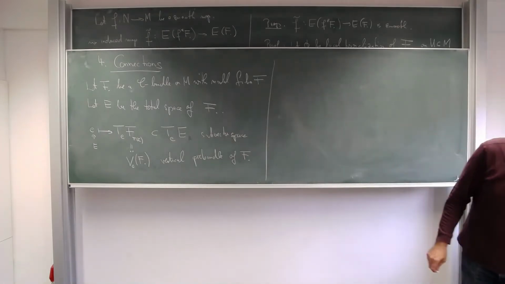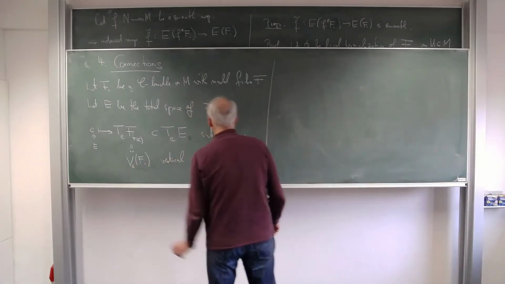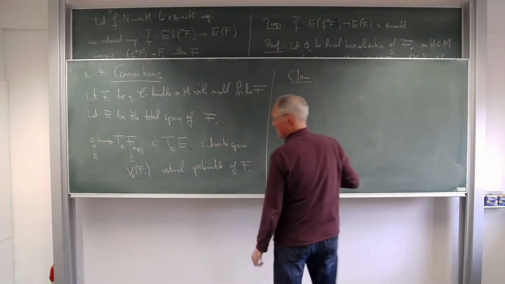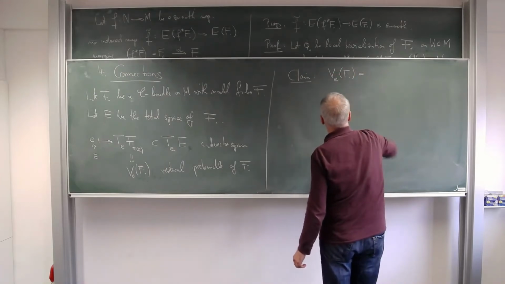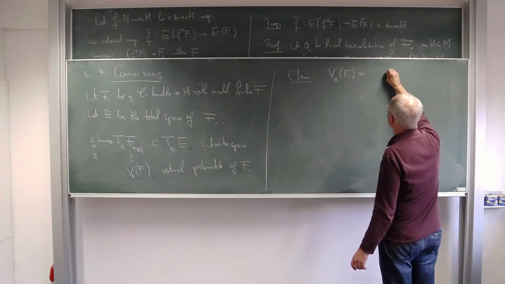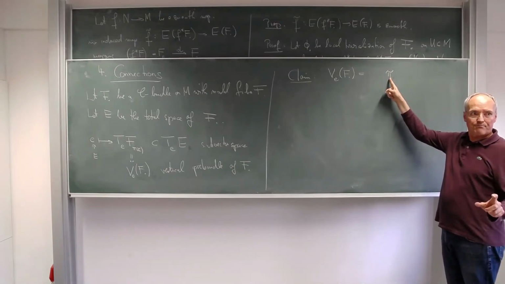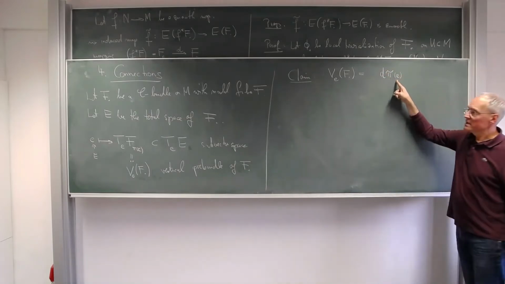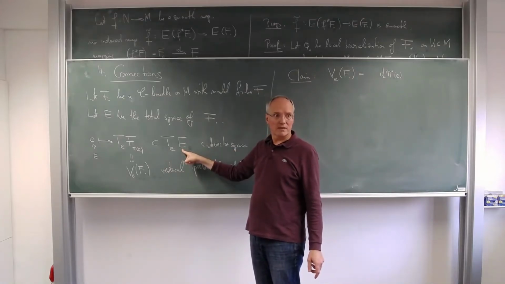Okay, and one way to characterize this subspace is the following claim. This vertical subspace of my bundle is the same thing as: take the projection map, which maps E to the base manifold M. Take its differential at the point e, which maps the tangent space T_e E onto the tangent space of the base manifold at the point pi(e).